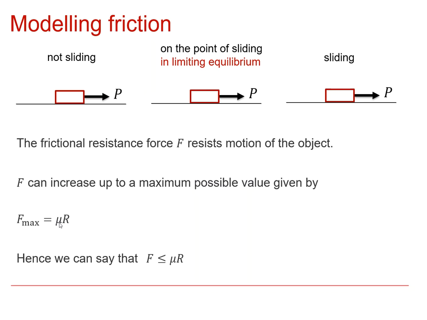But it gives you the maximum friction that you can have. So it's proportional to the normal reaction force through this constant mu. If the object is not sliding, then F will be less than mu R. If the object is on the point of sliding, or if it is sliding, F will be equal to mu R.